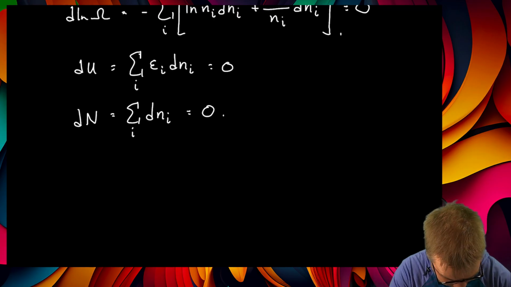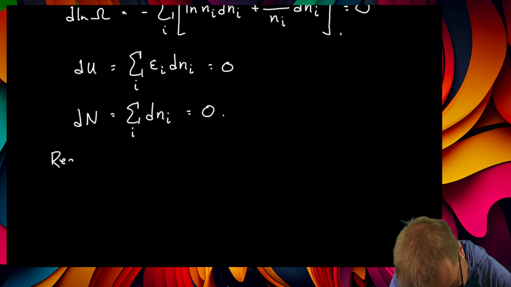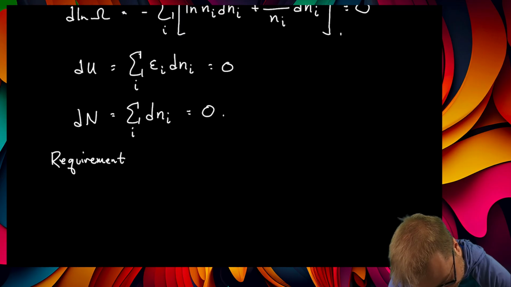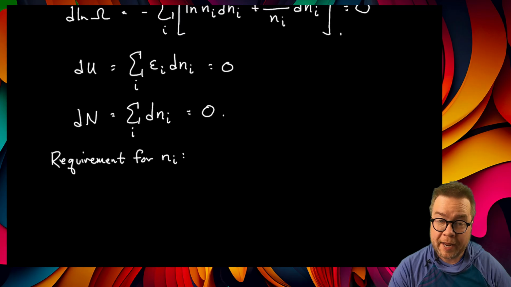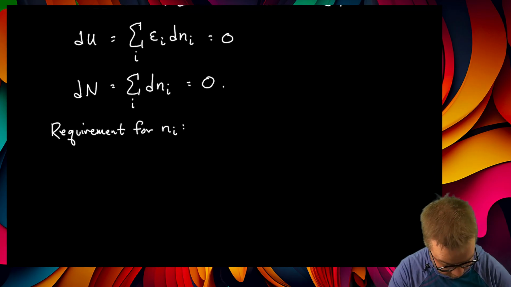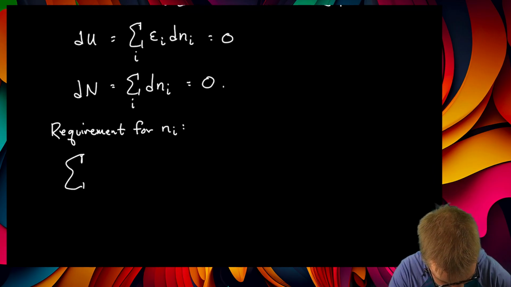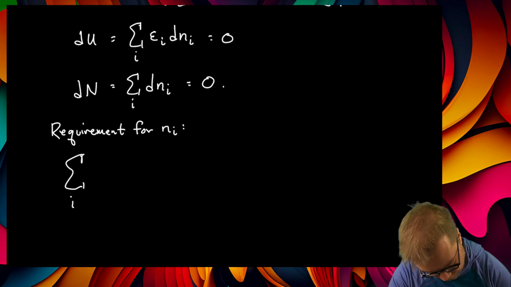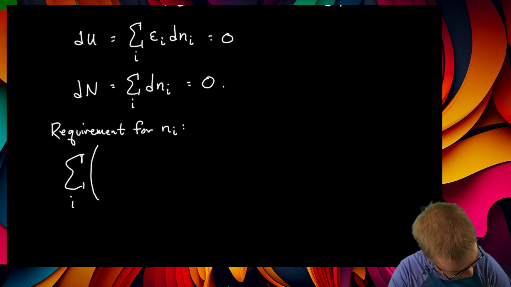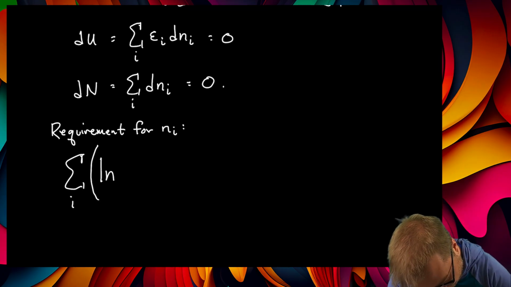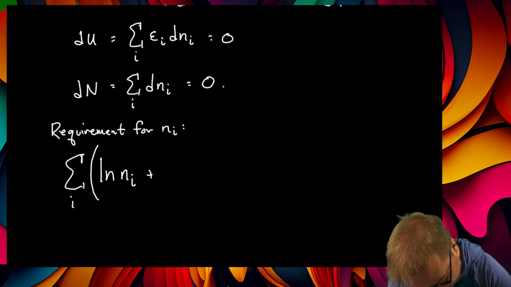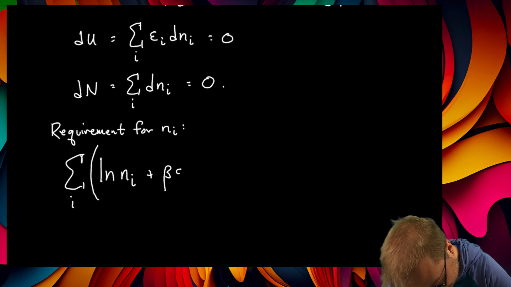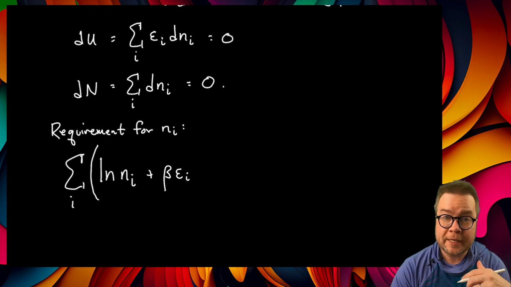And so our requirement to determine n_i is that each of these terms has to be 0. And so we're going to say then that the summation over i of the logarithm of n_i, which has no units, plus beta times epsilon_i. The beta is there, I just put that in there.